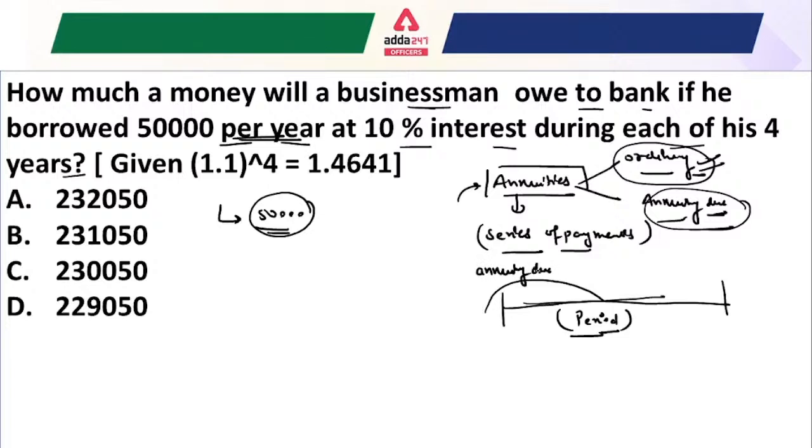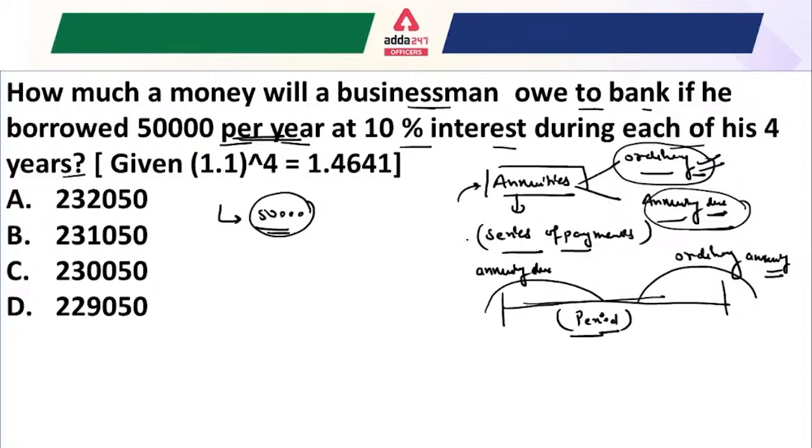And whenever we are talking about the ending period, the payment at the end of the year, or say at the end of the period, depending on the question, then this is the case of the ordinary annuity. I hope it is understandable for everyone.